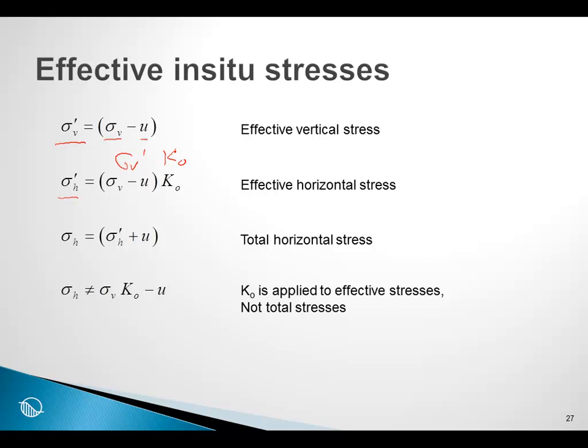Then the horizontal total is equal to the horizontal effective plus the pore pressure. And we have to go through this procedure all the time because we cannot say this expression here. We cannot say that the total horizontal stress is equal to the total vertical stress times K0. This results in the wrong total stresses.